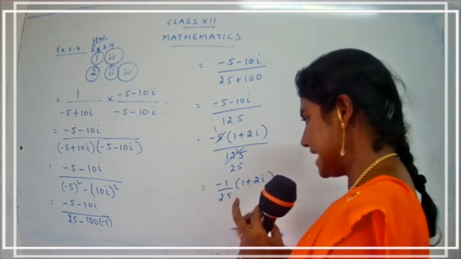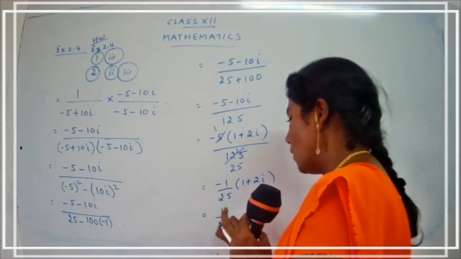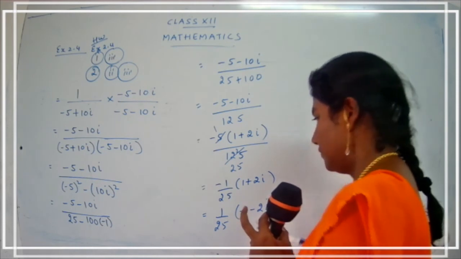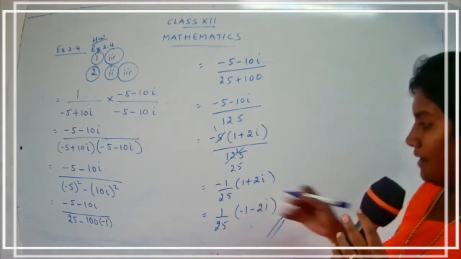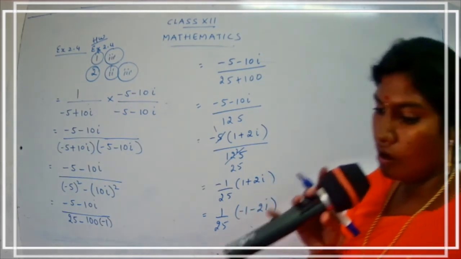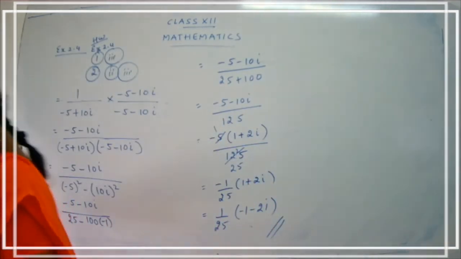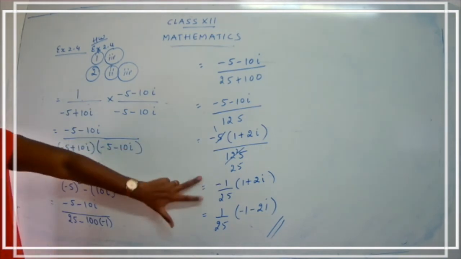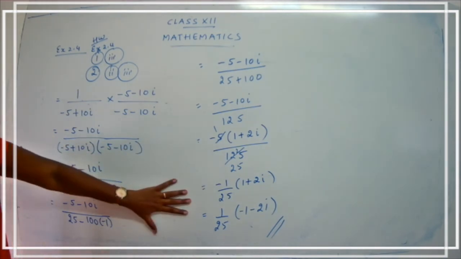You can just keep this as it is, or you can write this as 1 upon 25 into minus 1 minus 2i. You have two ways of answering. You can take the negative sign out, or you can just multiply by minus. It's one and the same. So here I have kept the answer in two ways.